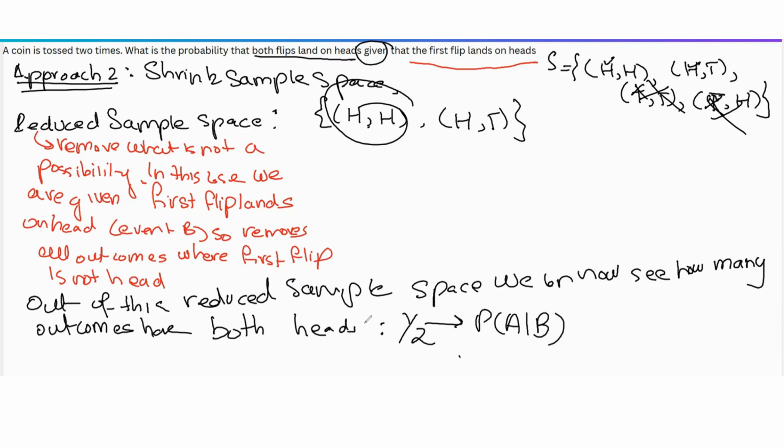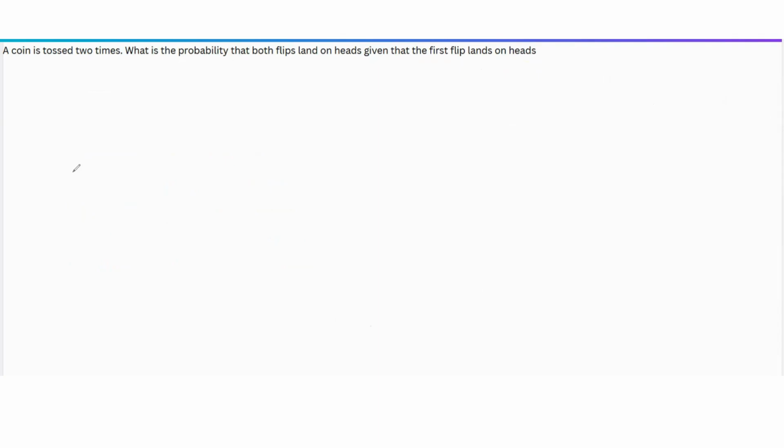And again, we can find probabilities like this by dividing the number of favorable outcomes by total possible outcomes only when all outcomes are equally likely. In this case, this was true because we were looking at a fair coin.